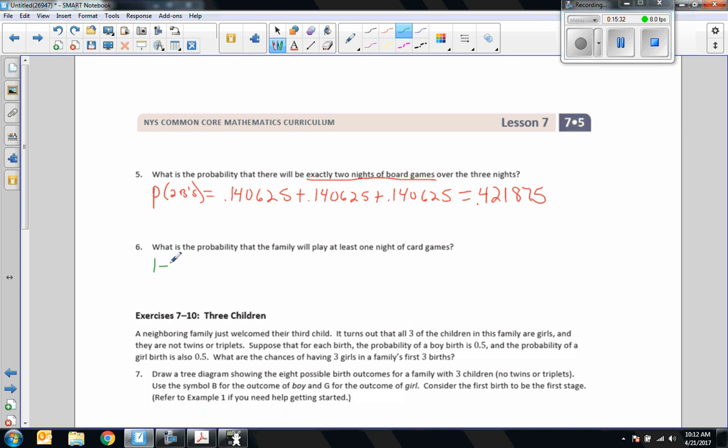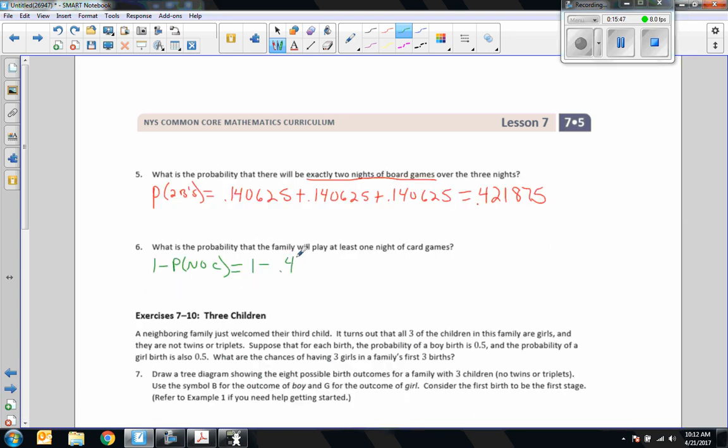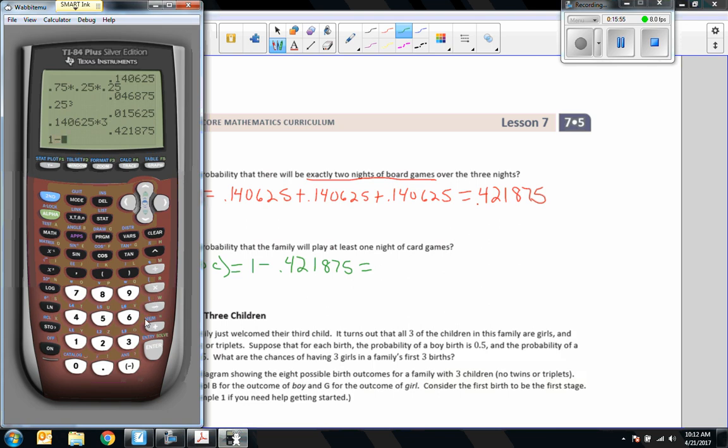So it's going to be 1 minus the probability of no card games, and no card games is all B's. It is 0.421875. So that is going to come out to be 1 minus 0.421875.